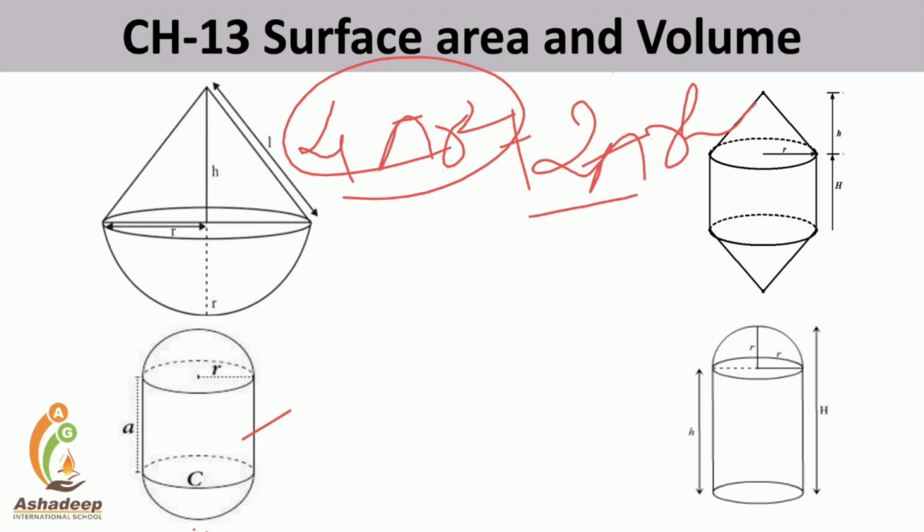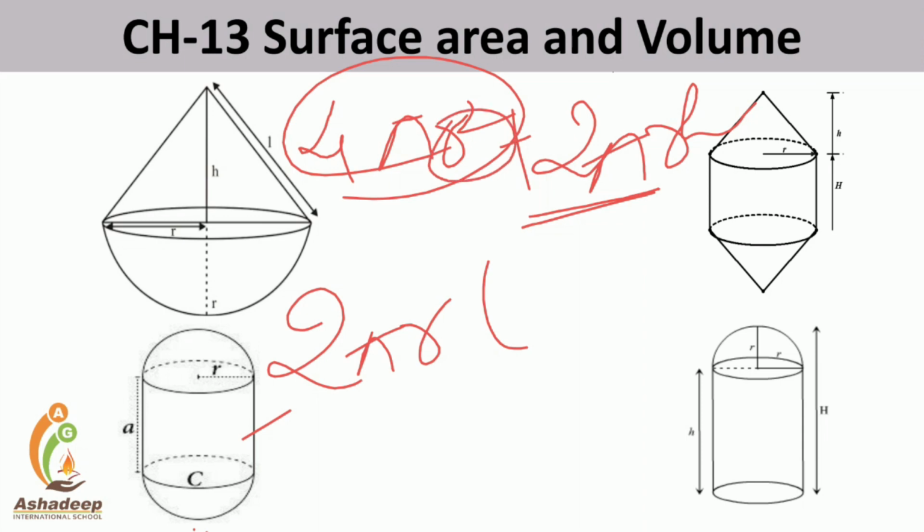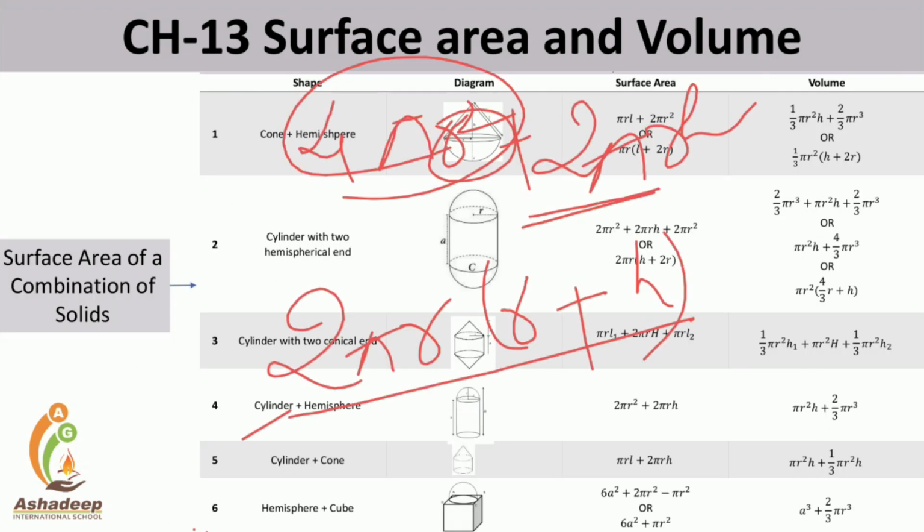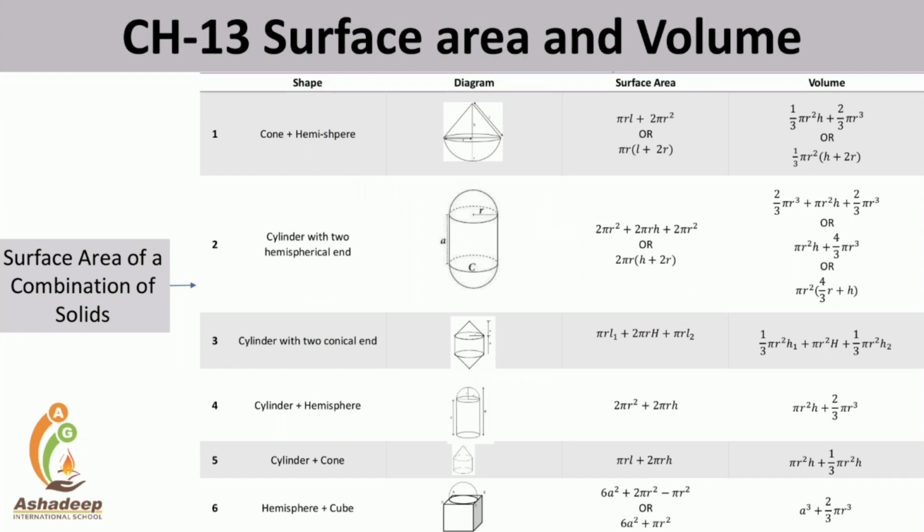Now 2 pi r is common. What remains? Here r, and here h, right? So 2 pi r in bracket r plus h is the answer. Okay, let's check that answer: 2 pi r in bracket r plus h.